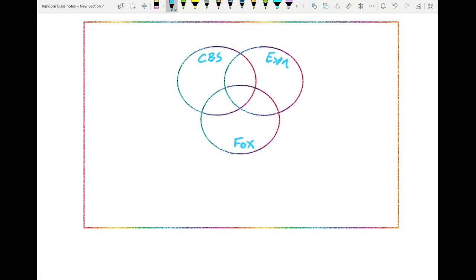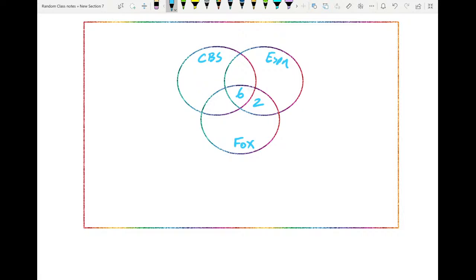So we're going to work from inside out. 6 people read all 3 websites. And then what else do you have? 8 people read ESPN and Fox Sports. So for ESPN and Fox Sports, we're looking at this region, and that's 8, and I've already used 6, so I have 2 left.